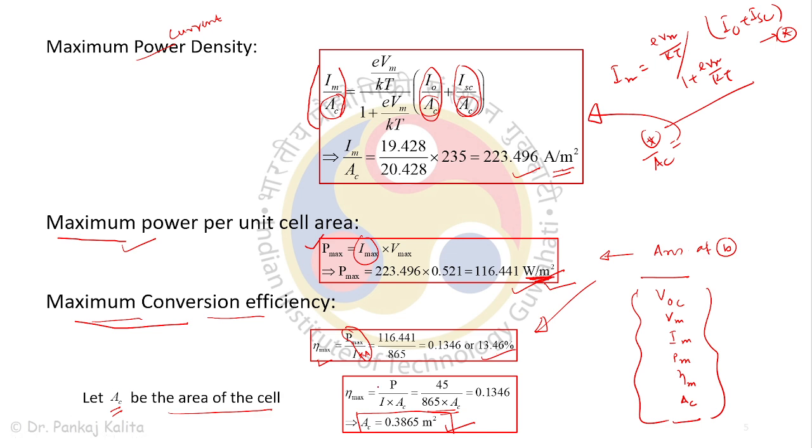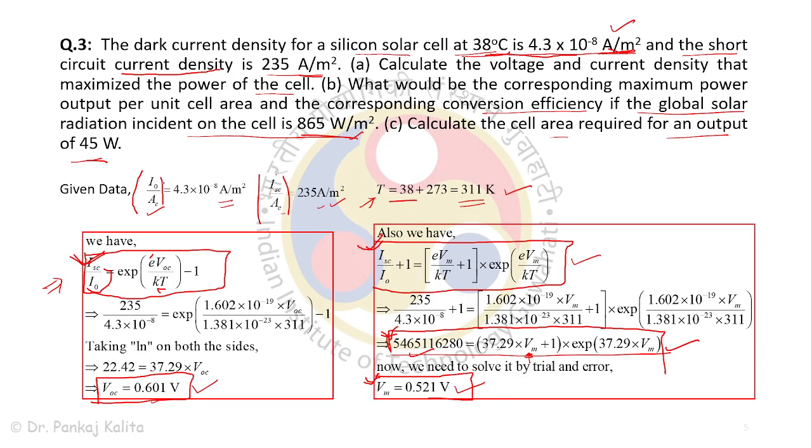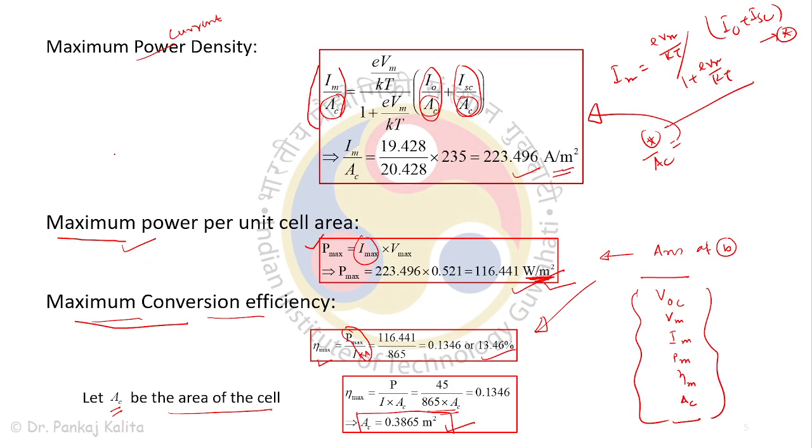And if you want a power output of 45 watt, your P output is given, and corresponding to that the area has been asked. So you know the intensity value, the power output value, and we already calculated the efficiency value. Corresponding to that, the area of your solar cell can be calculated.